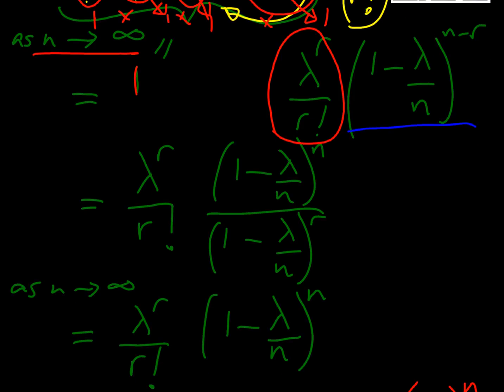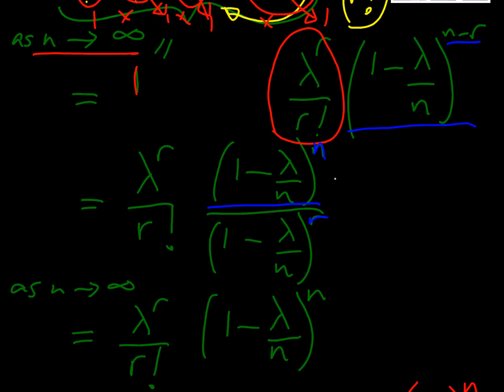Okay, well, the power on this is n minus r. So we can rewrite that and leave our (1 minus lambda over n) to the n on the top, and then we can divide it by (1 minus lambda over n) to the power r. So what's going to happen to these terms?